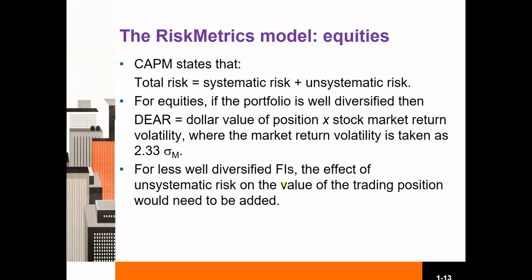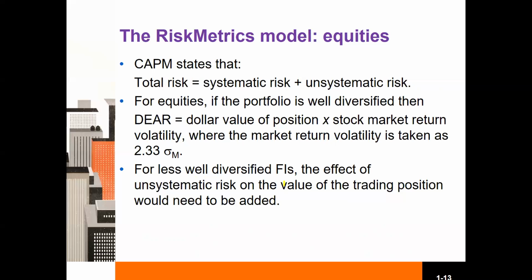And last of all, for the equity portfolio, you know that as far as equity is concerned, there are two types of risk: systematic risk and unsystematic risk. Just a reminder that systematic risk reflects the co-movement of the stock with the market portfolio, which is measured by the stock's beta. And the volatility of the market portfolio is typically denoted as sigma M. Unsystematic risk, on the other hand, is related to the firm itself.